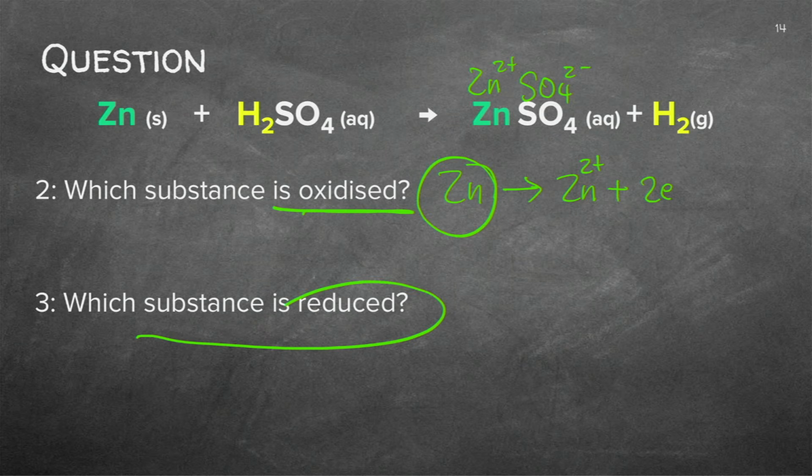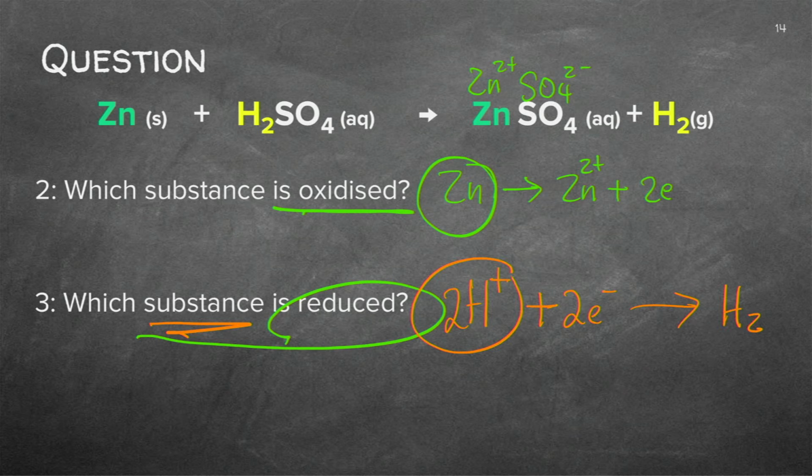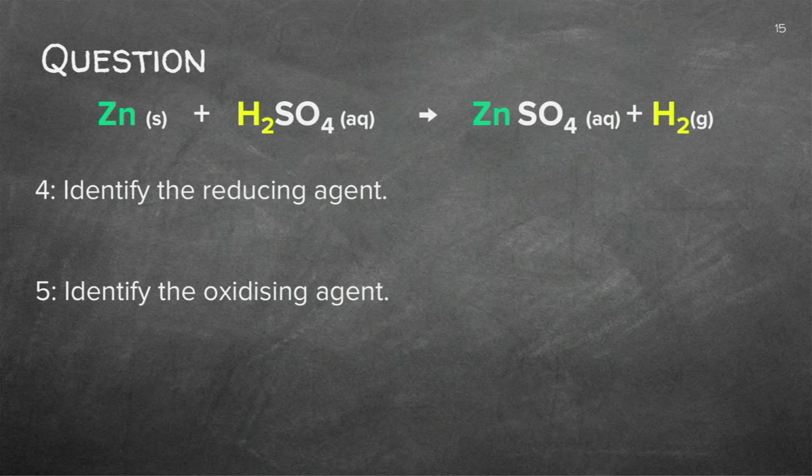Which substance will be reduced? Well, it's the same as in the previous slides that we did with the previous reaction. You'll have 2 H pluses here. It will accept 2 electrons to become hydrogen gas. Which substance? It will be the 2H plus. You can always add the aqua. Next question: identify the reducing agent.